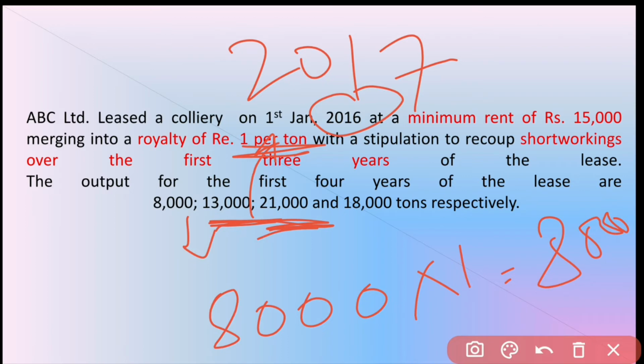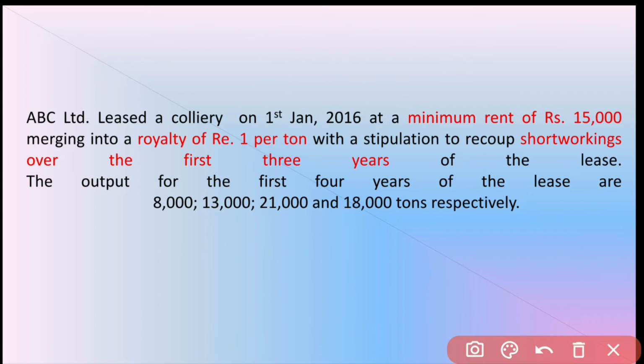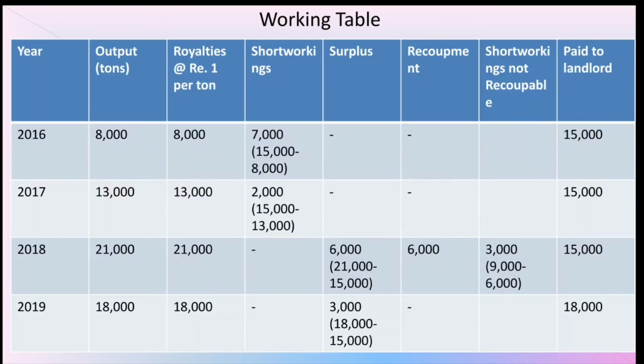Similarly, for the third year it will be 21,000 into ₹1, that is 21,000. In the fourth year it will be 18,000 into ₹1 per ton, it will be 18,000. Straightforward.